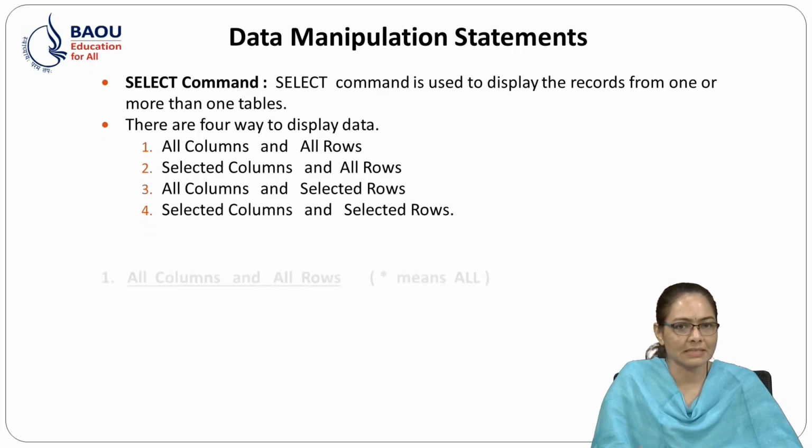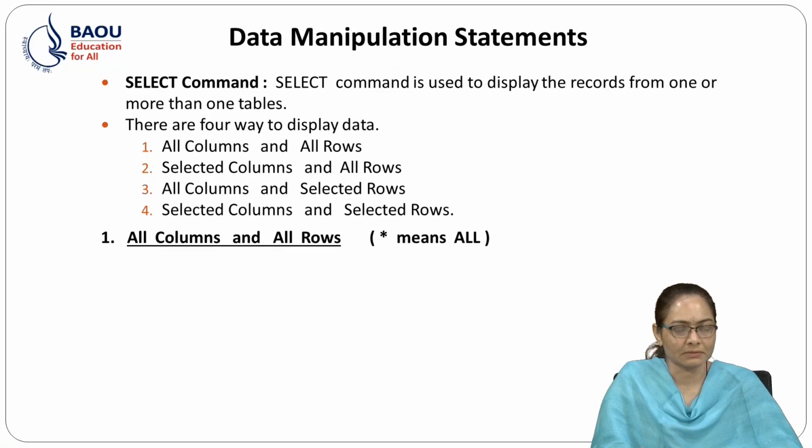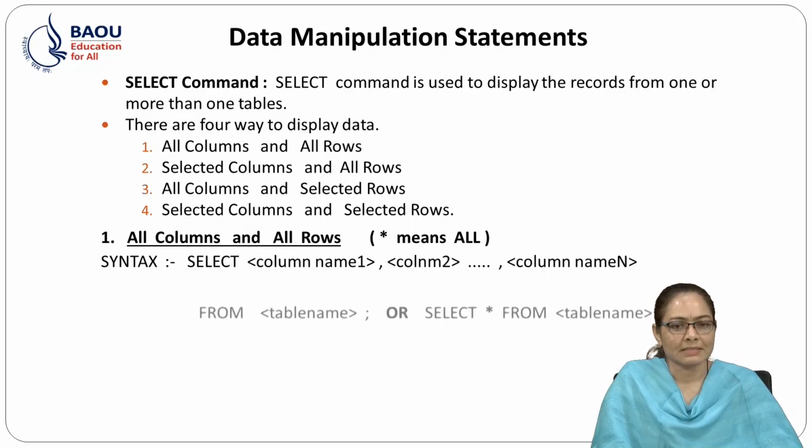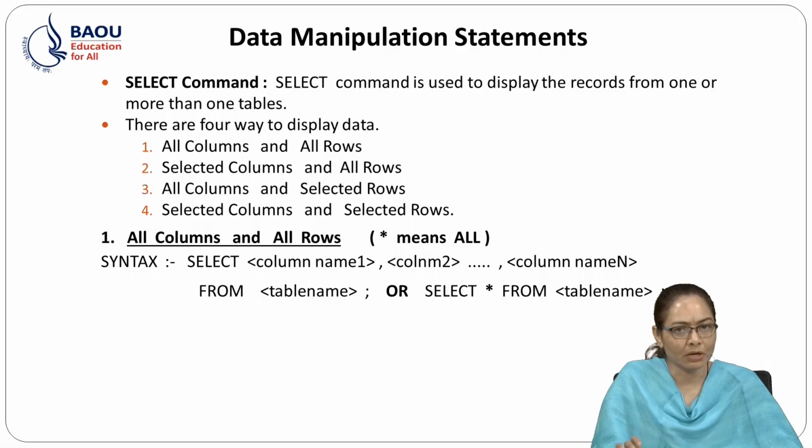Now, here we see the first one, all the columns and all the rows. To display all the columns and all the rows, we use the star, which means all. We write star or all also. The syntax is select column name 1, comma column name 2 up to column n from table name, then semicolon.